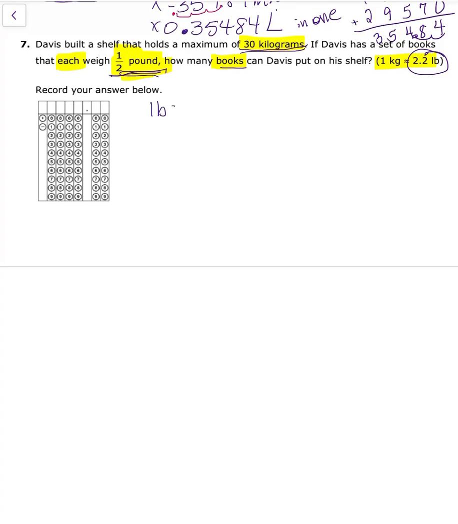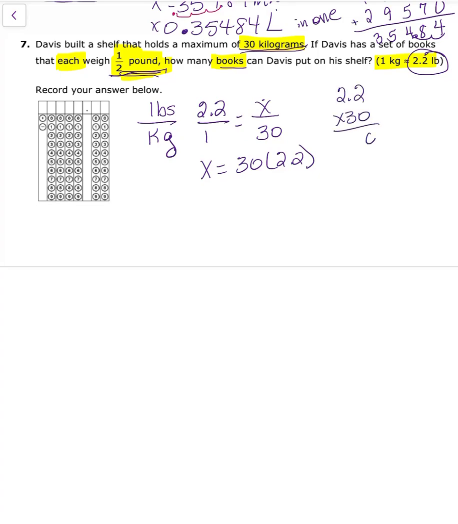So 2.2 pounds is 1 kilogram, and then I have 30 kilograms. I don't know how many pounds that is. So cross multiply. So x equals 30 times 2.2. Don't forget to move your decimal at the end. Okay, so 66 pounds can fit on the bookcase.